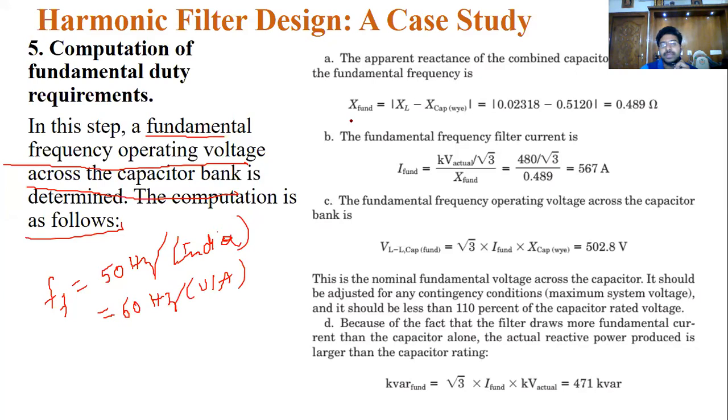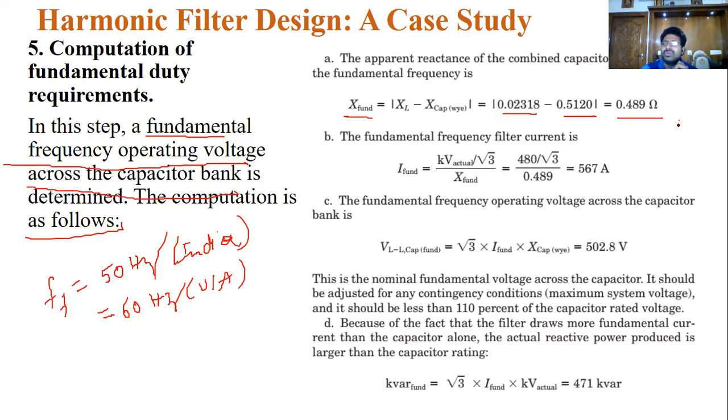For that fundamental frequency, across the capacitor you have to assume that value. So this is the fundamental value XL minus X cap. You know the XL value, you already calculated it. So across the capacitor, X cap, you get the value. For the fundamental frequency of the filter, you can measure the current using simple formulas.